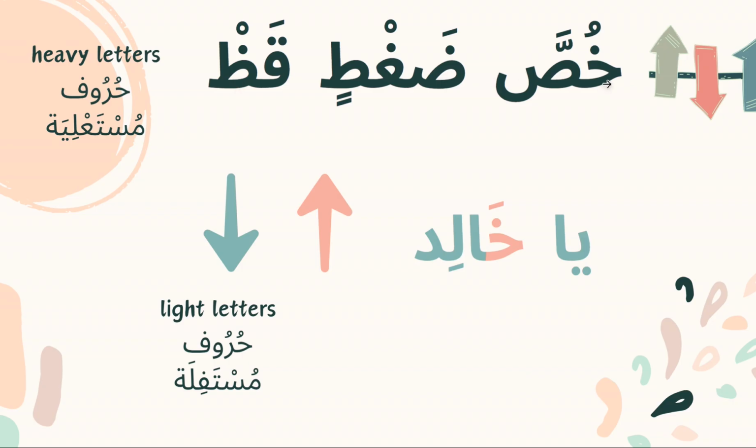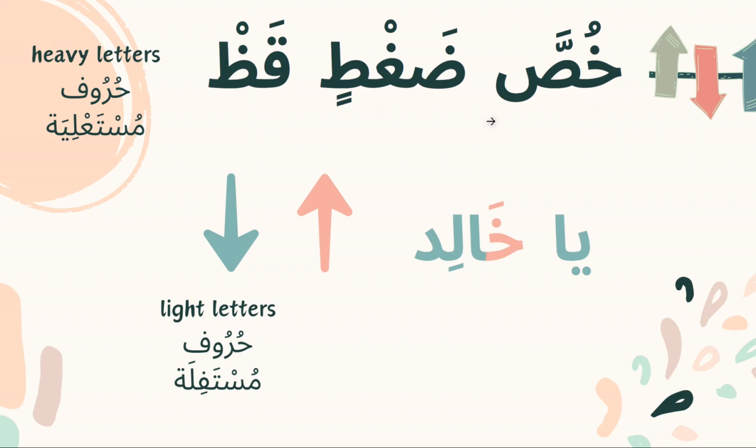And then we have the kha and the ghain. Both are pronounced from the throat. Okay, the closest throat, the kha, ghain. And then we have the qaf just nearby, and it is from the furthermost part of the tongue, just beside the makhraj of the kha and the ghain.